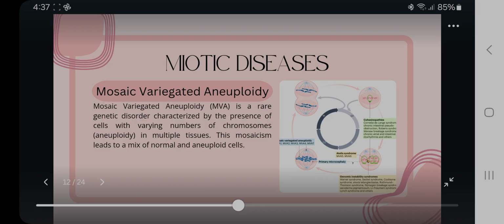So this mosaicism leads to a mix of normal and aneuploid cells. This can cause things like growth retardation, developmental setbacks, and even risk of cancer development because of the unstable amounts of chromosomes in that organism. And this disease is often autosomal recessive, requiring mutations from both parents at the meiotic level.